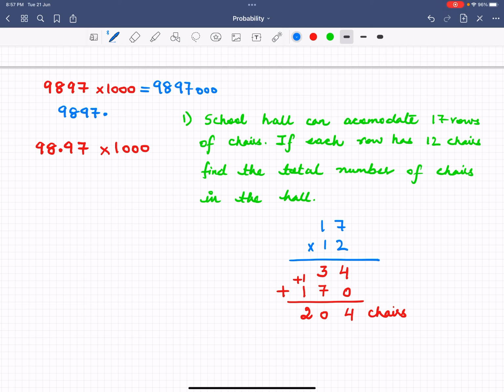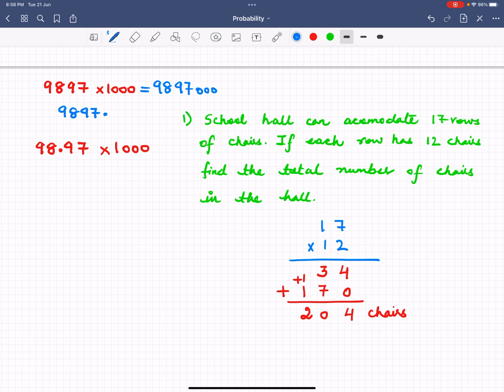So when we multiply by a multiple of 10, as per the number of zeros, the decimal jumps ahead. So when the decimal jumps, it comes here and then we fill up these spaces with 0. And that's how our answer is adding 3 zeros.